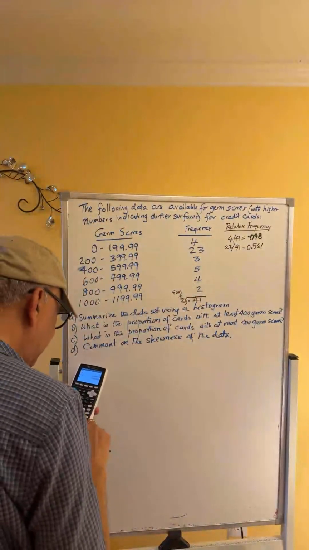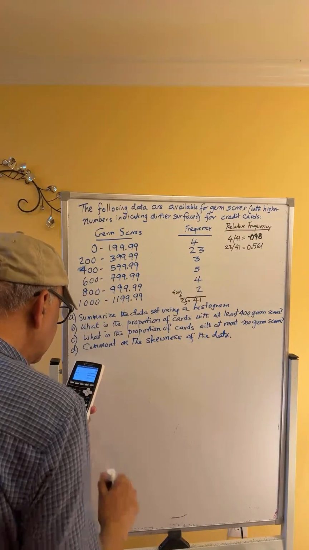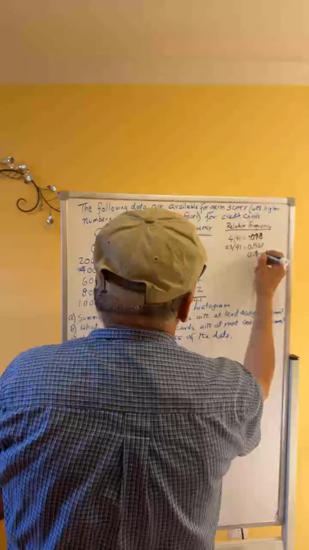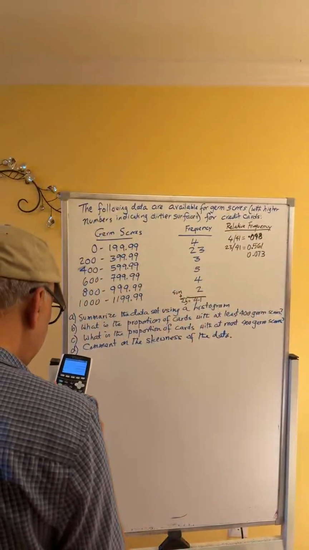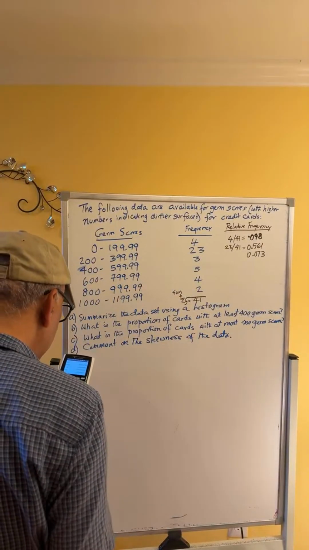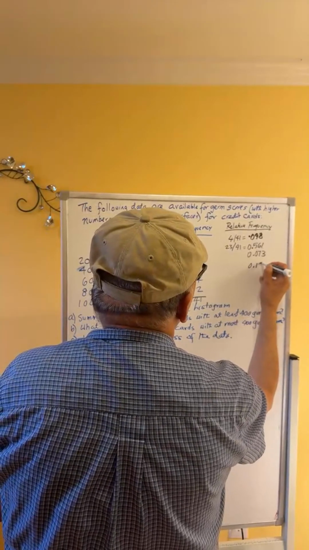3 divided by 41 is 0.073. Next one will be 5 divided by 41, which is 0.122.